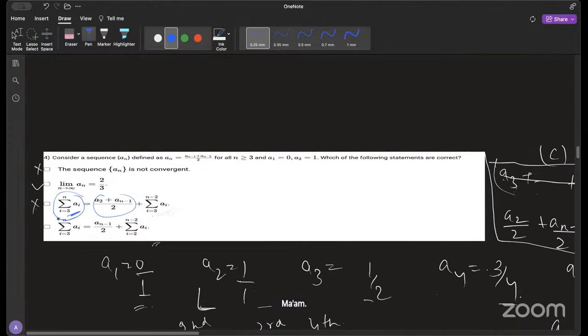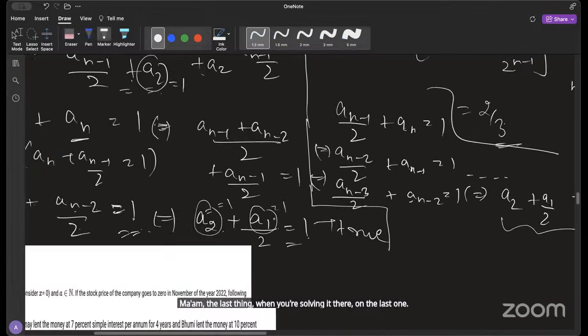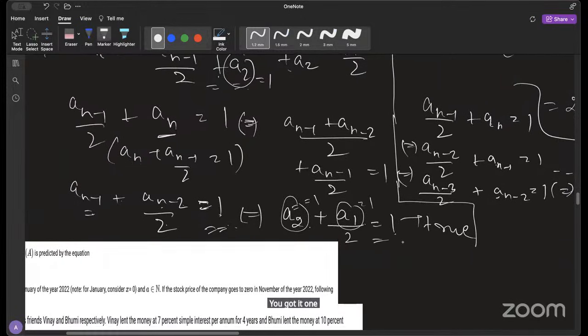Ma'am, the last thing, when you were solving it, on the last one you got 1. Just before that, an minus 1 upon 2 plus an is equal to 1. How did you arrive at 1, like the formula?